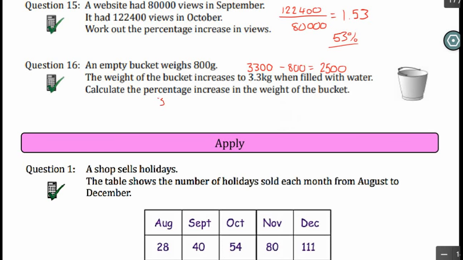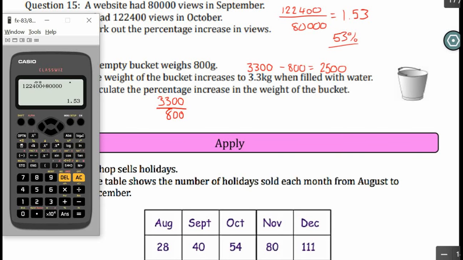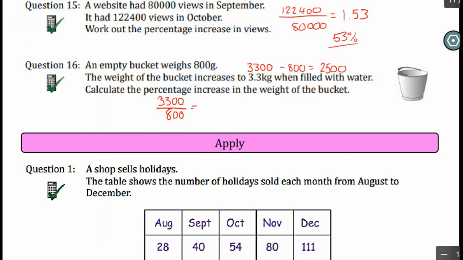But we could just do new divided by old to get the multiplier. So 4.125. So that's an increase of 312.5%.